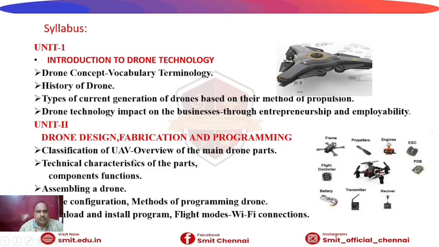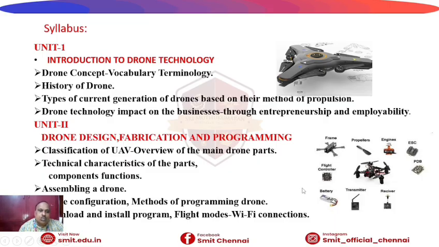So classification of UAV, that is unmanned aerial vehicle, the complete overview of the main drone parts to be studied in this unit 2, and also the technical characteristics of the parts and the components, functions as well, and assembling a drone as well as the drone configuration and the method of programming drone.